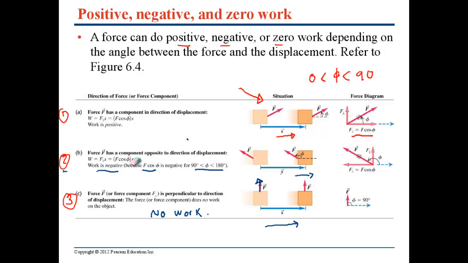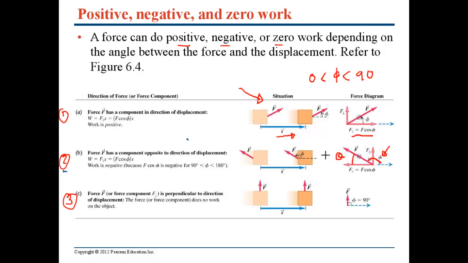Something just to keep in the back of your head is that sometimes you're not necessarily given this angle phi from the positive x-axis. Fairly often you're given this angle, I'll call it theta here to distinguish it. It is extremely good practice to work everything using phi from the positive x-axis.